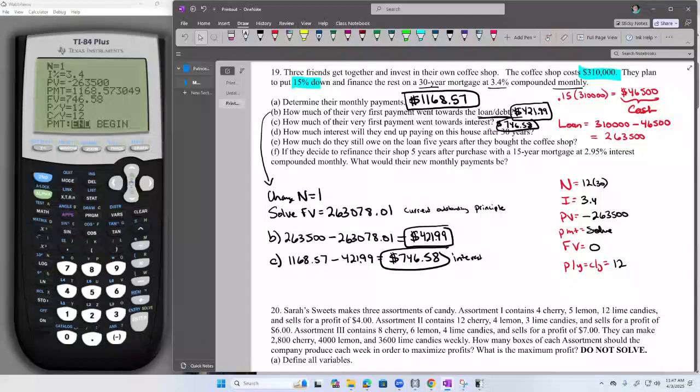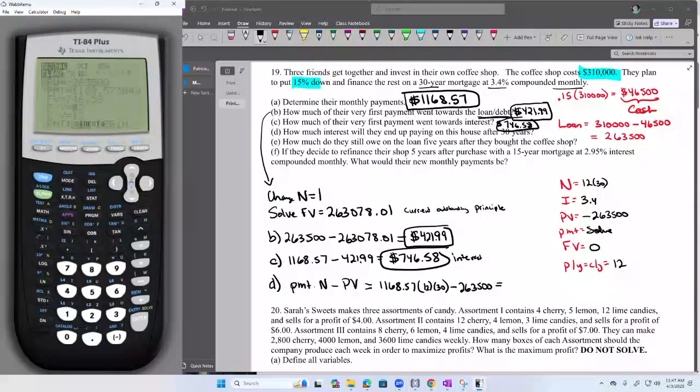Then part D, how much interest will they end up paying over 30 years? That's just a basic, how much interest do you pay? So that's going to be their payment times N minus their loan amount. So that's going to be their payment, 1168.57 times 12 times 30 minus 263,500.